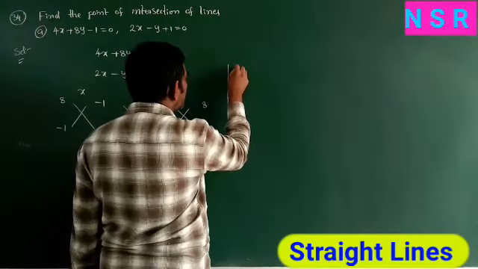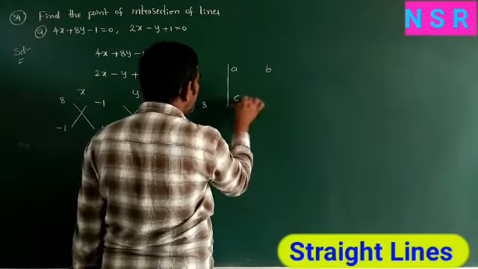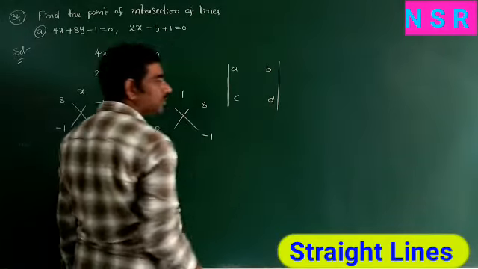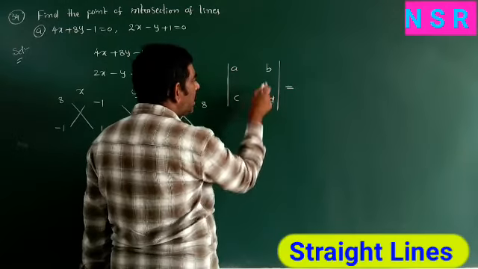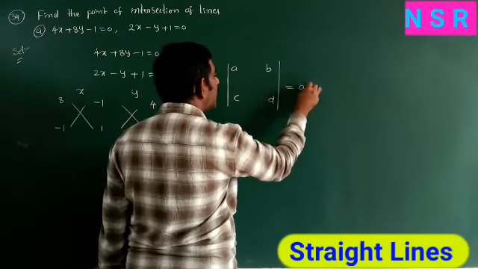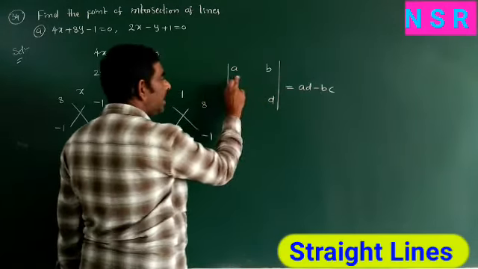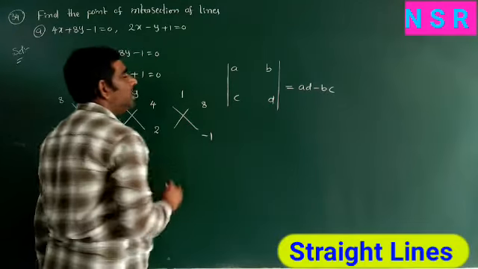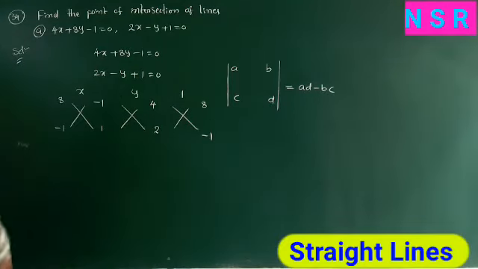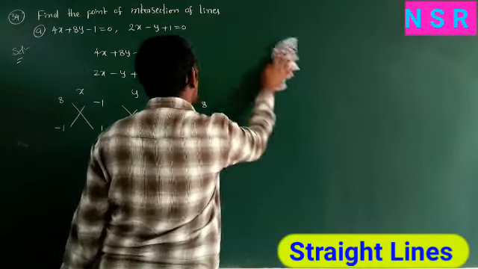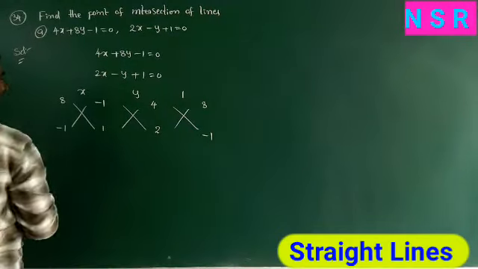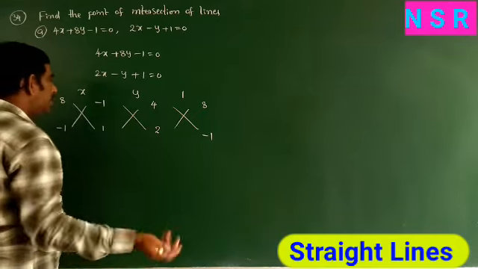In matrices we have 4 elements A, B, C, D. Here apply the formula A into D minus B into C. The same formula applies here to these 4 elements. So this is also a formula, remember it. Apply here AD minus BC. Again, you learn this in Maths 1A.